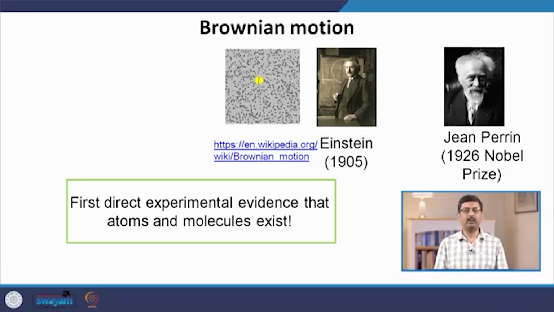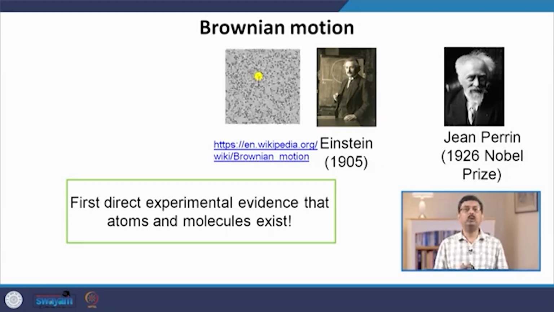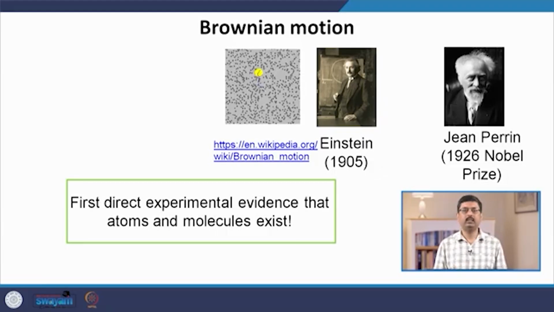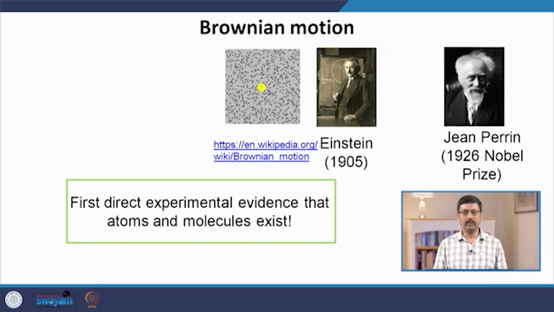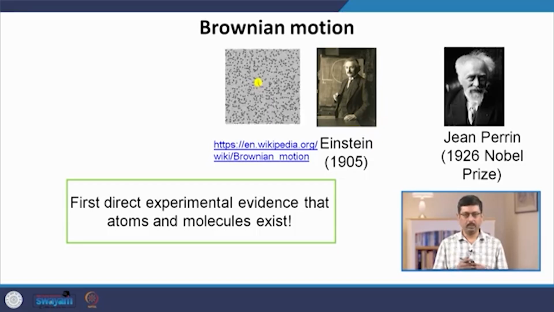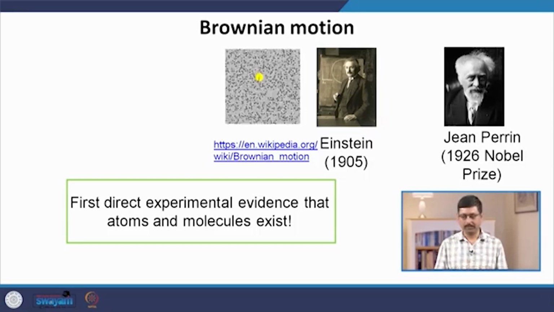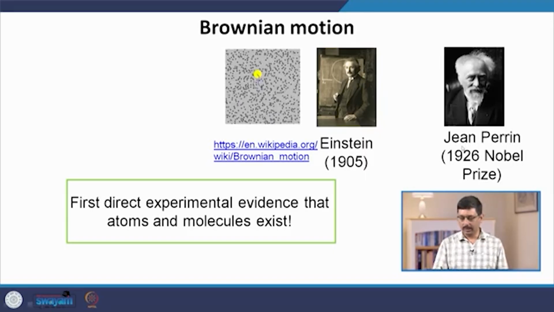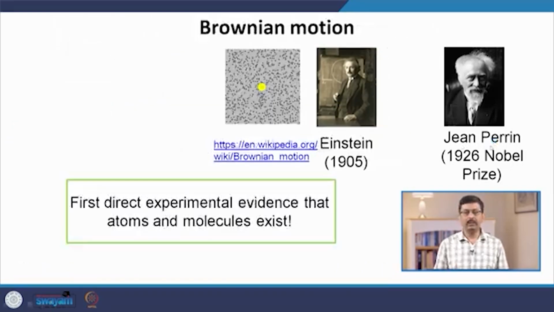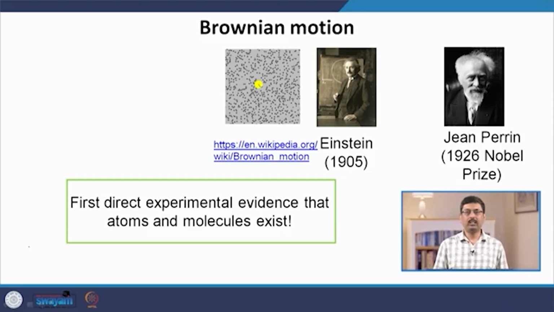This apparent random movement is very important in physics. It is an important phenomenon called diffusion, and this is technically called Brownian motion. After Einstein proposed that this is due to collisions with the atoms and molecules of the fluid, Jean Perrin did an experiment in which he proved that this is indeed due to atoms.